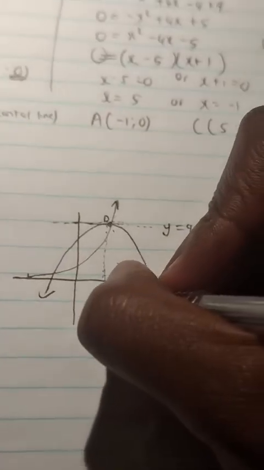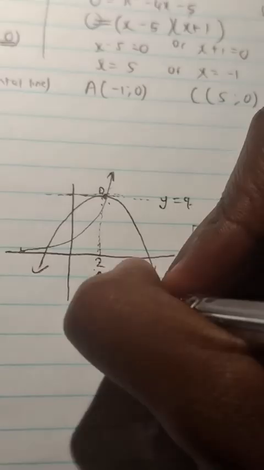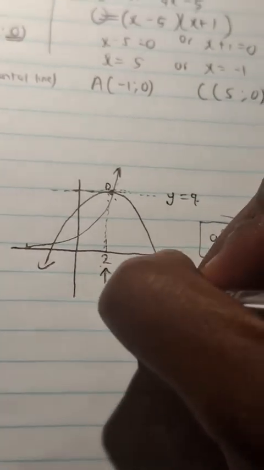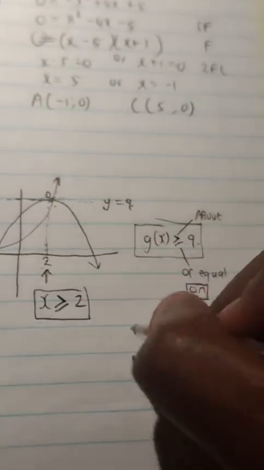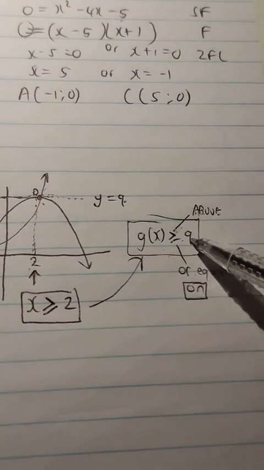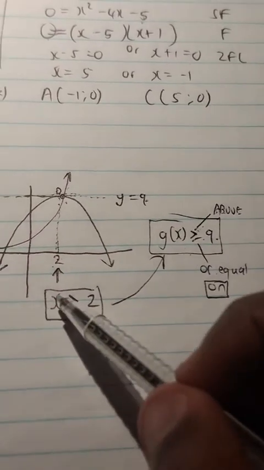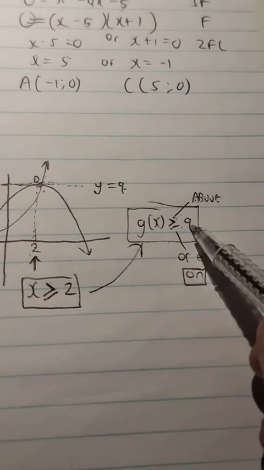So we can all agree that when x is greater than 2, g of x is above 9, meaning it is greater than 9.